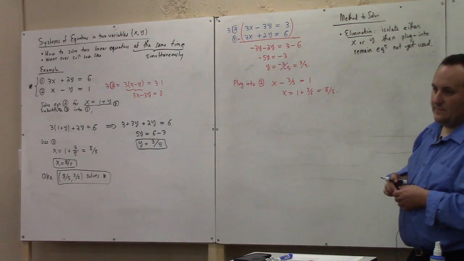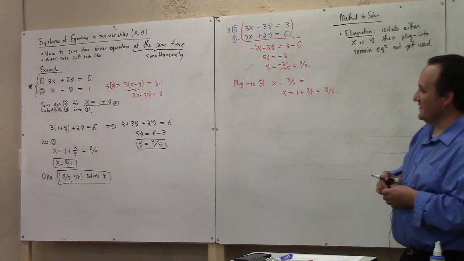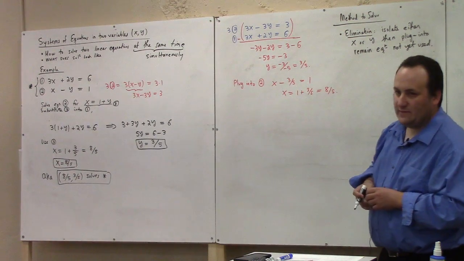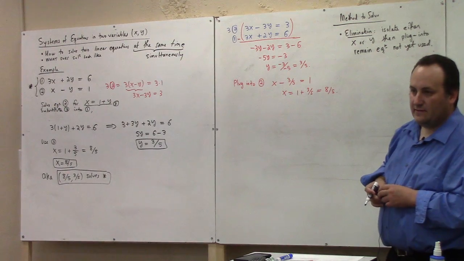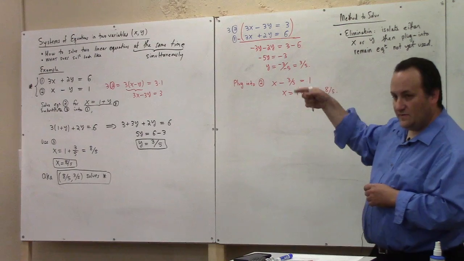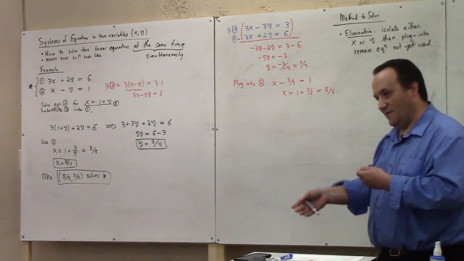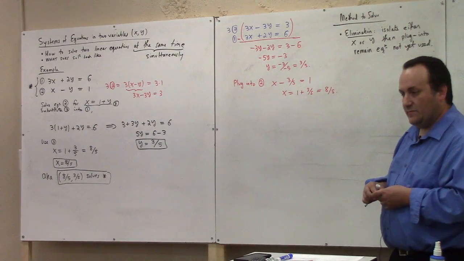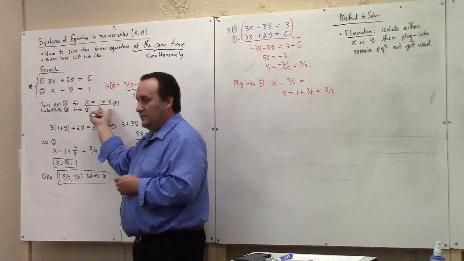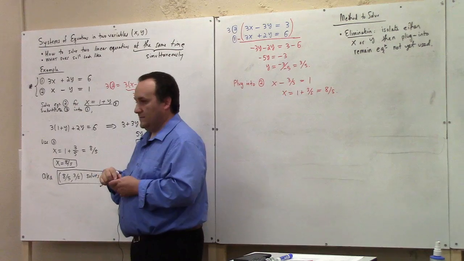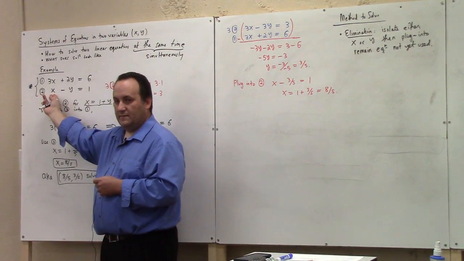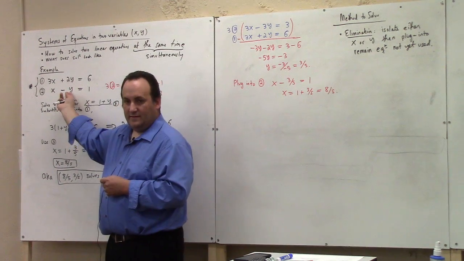So it's important in this one, in our first method, we found that x was equal to 1 plus y, right? If we had plugged x equals 1 plus y into equation 2 again, we would have gone nowhere. What happens if you plug x equals 1 plus y into equation 2? You get 1 plus y minus y equals 1.